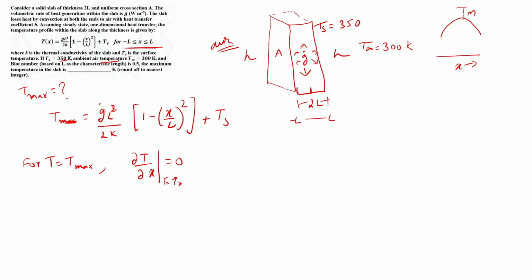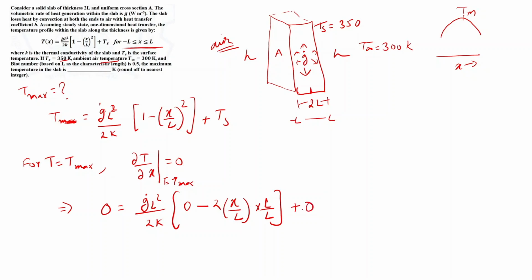So we can differentiate this and equate it to 0. Differentiation of 1 is 0, minus x square will become 2x, and then we'll use the chain rule, so it will become 2x upon L into differentiation of x with respect to x, which is 1, into 1 upon L, plus this term will become 0.